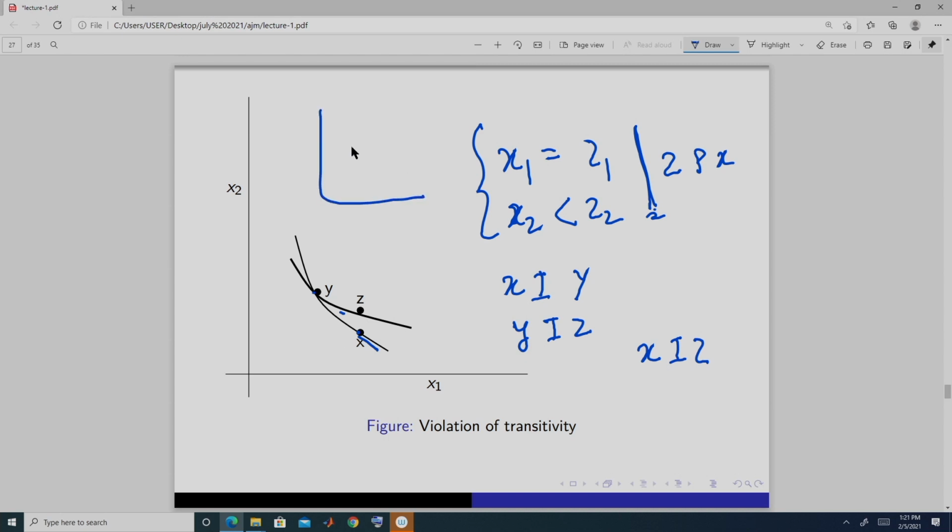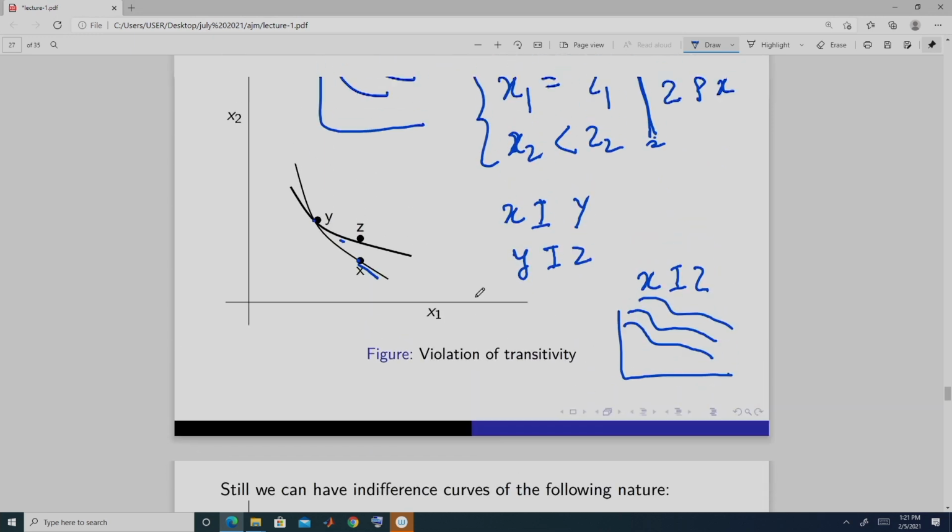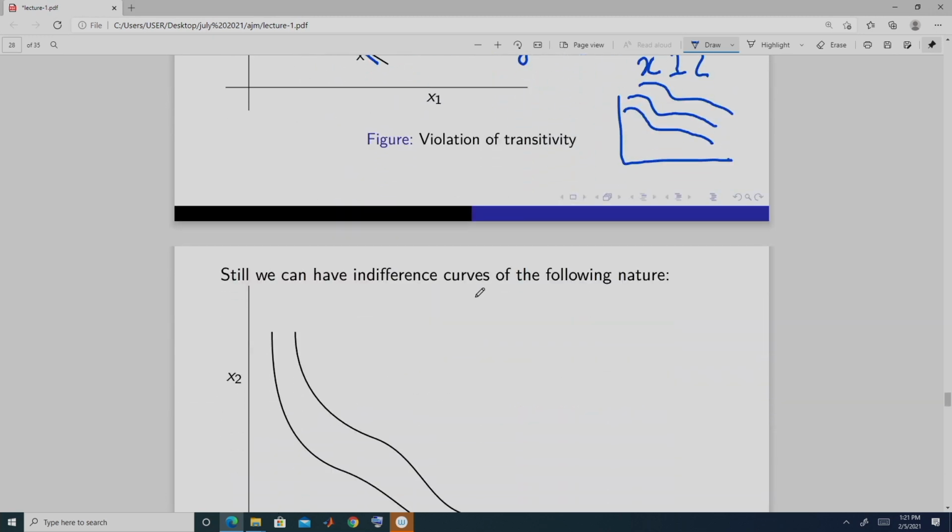So indifference curves depicting different levels can be of this nature, but they are never going to intersect. Okay? So in today's lecture we will cover only this much, and in the next lecture we will continue from this. Okay, thank you very much.